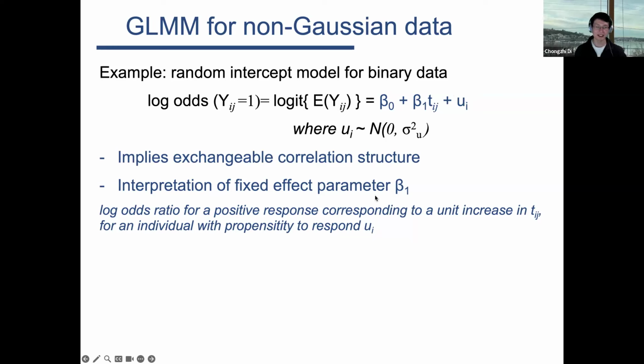So the interpretation of beta 1 is a log odds ratio for a positive response in the outcome for a 1 unit increase in the time Tij. And you are getting these effects conditional on each individual, not really averaged across individuals.